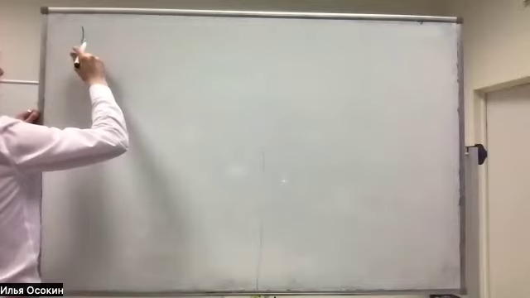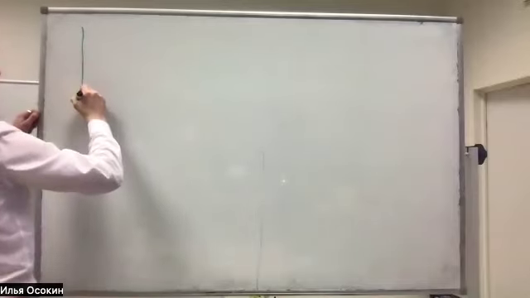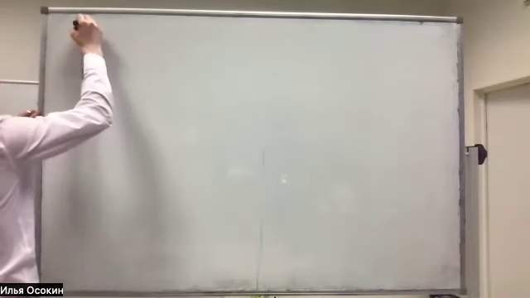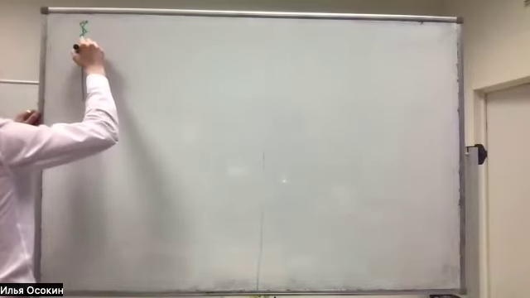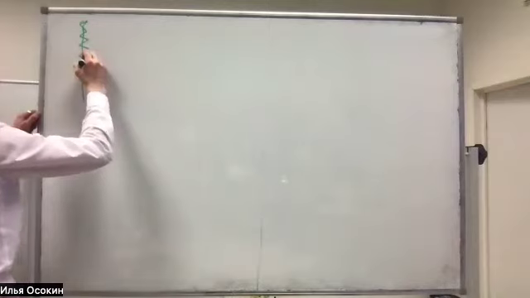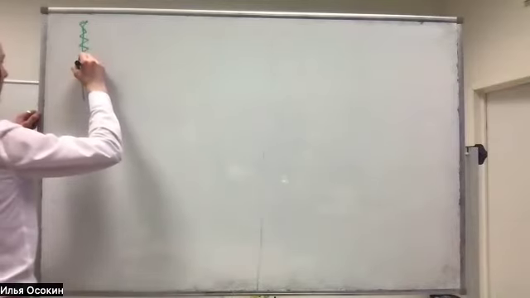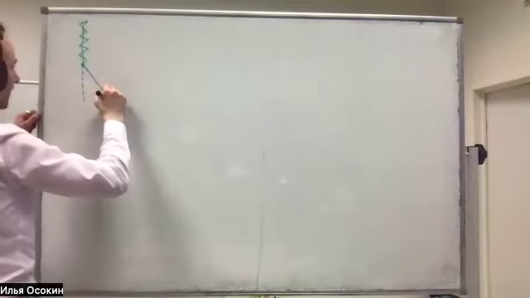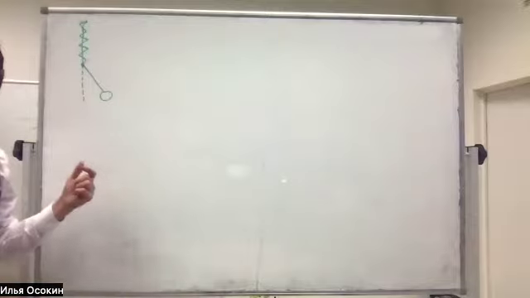So there will be a linear rod, and there will be some kind of fixed point, and there we will have a spring, and there we will have a pivot joint, and then here we're going to have a pendulum. So it's a pendulum on a spring.